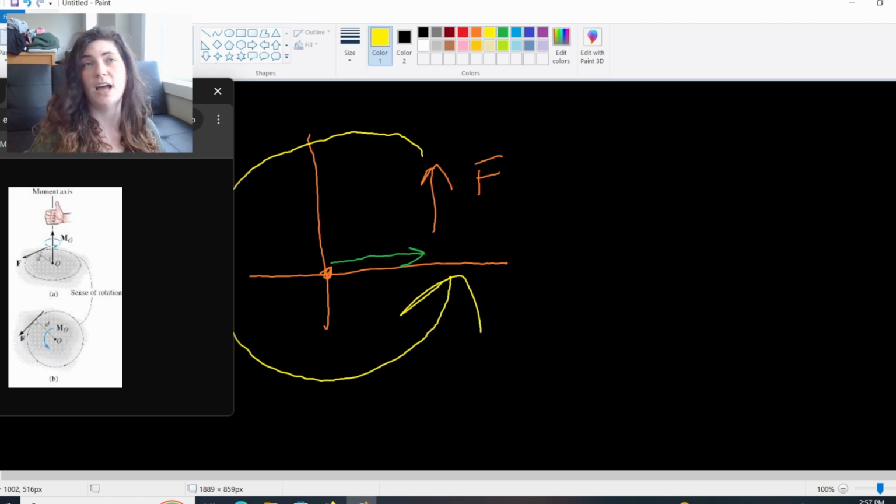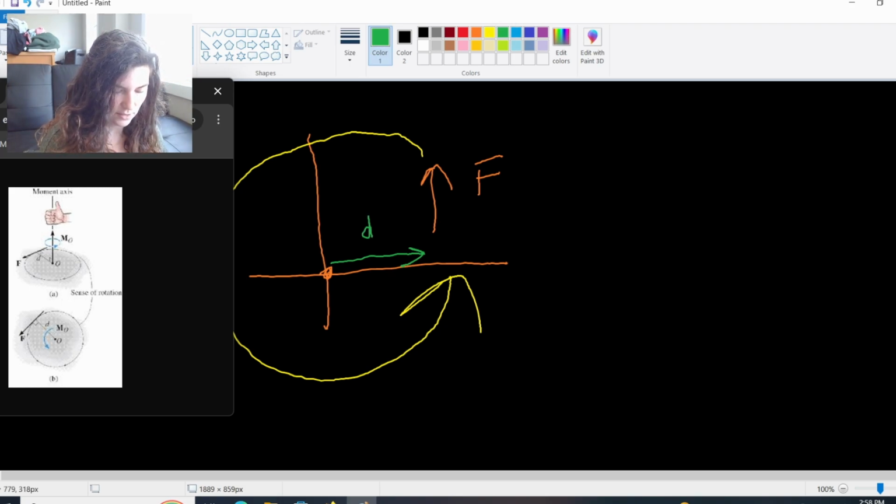You can also, if it helps, I often draw these circles just right along the force. I draw the circle out of the direction of the force around the point, which will help me orient it in space. So this force, if this is D and this is F, we would say the moment here is counterclockwise, right?